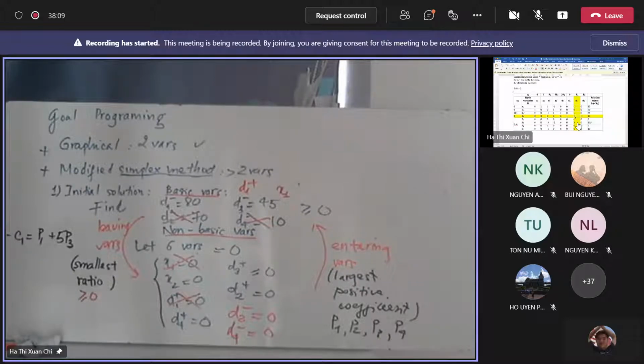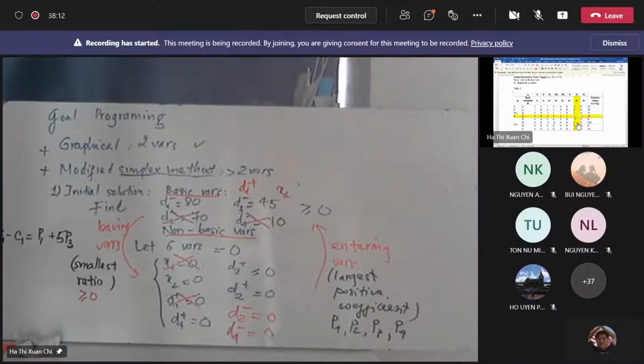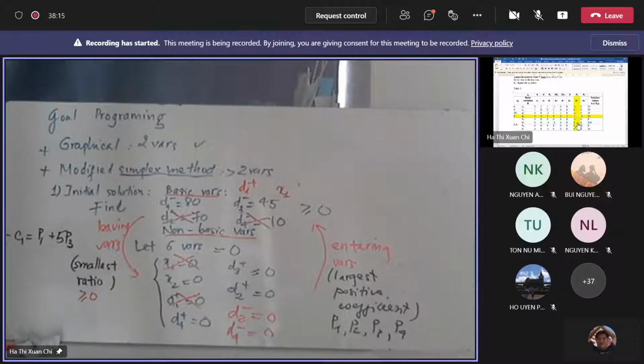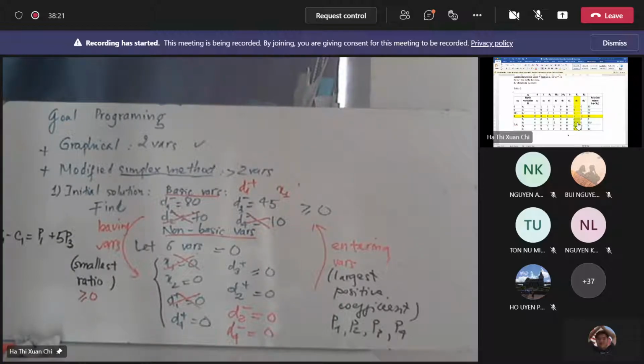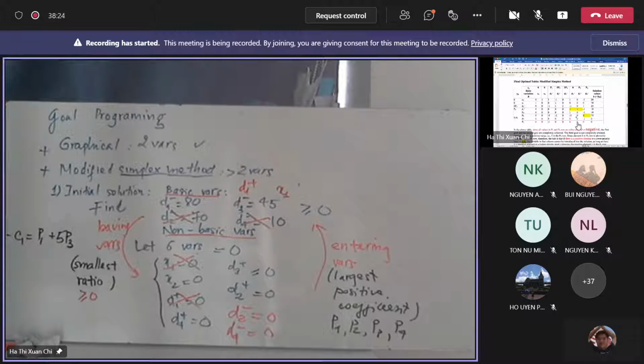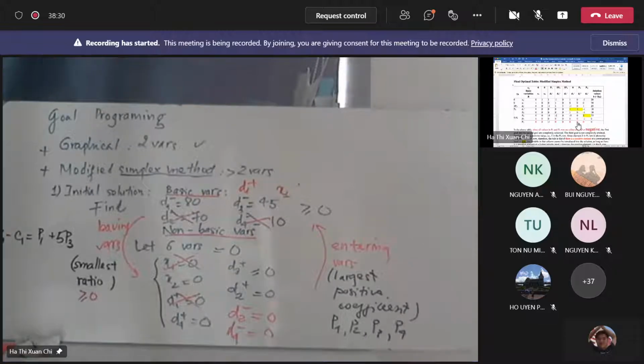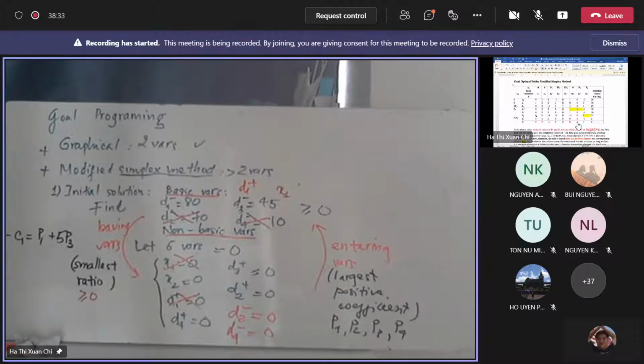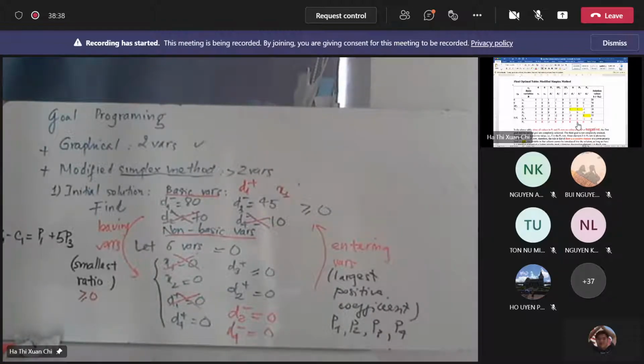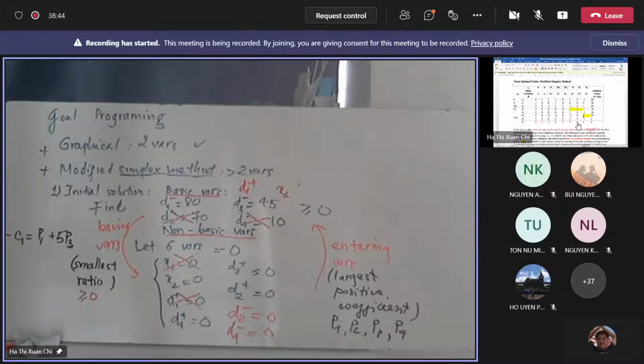So we do the same, everyone. Divide for 1. Here 1 already. Right now we try to make the rest number here equal to 0. So you can see 1 here and the rest equal to 0. And we check the P3. We check the P3 here, still have positive number.